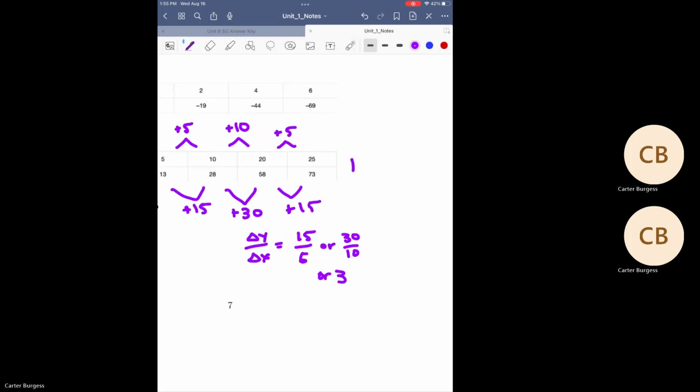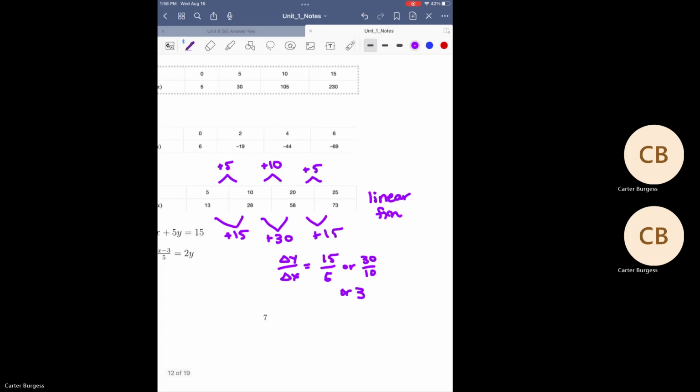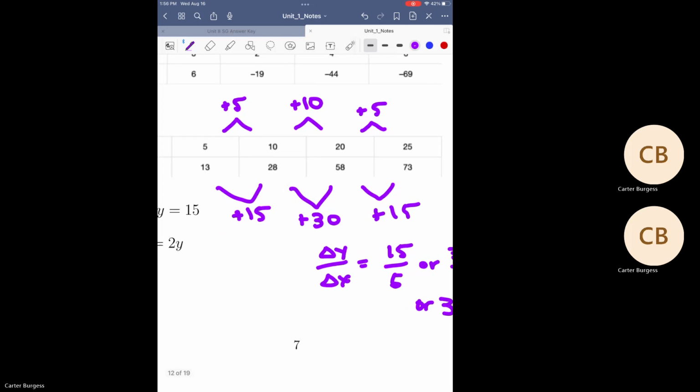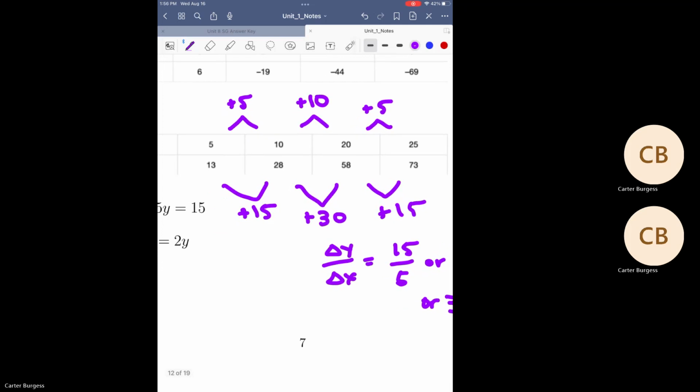This would be a linear function. So don't let the table that I throw your way that has weird y values, weird changes in y, weird changes in x, don't let that throw you off. You're always looking at the ratios between the two.